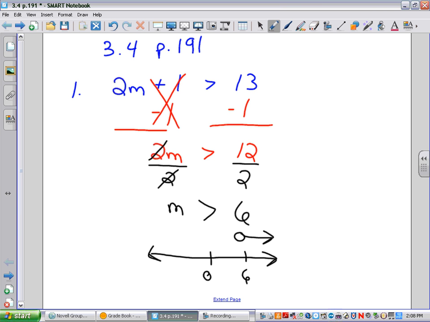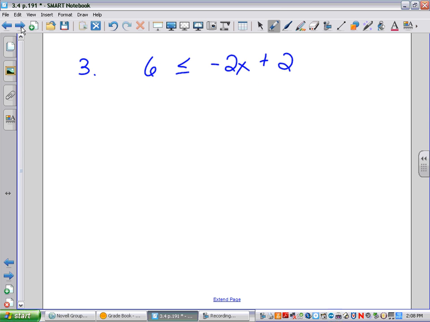Let's go to number 3. Number 3, as it reads now, says 6 is less than or equal to negative 2x plus 2. Well, I've said this before. You want your variable to be on the left to start with.